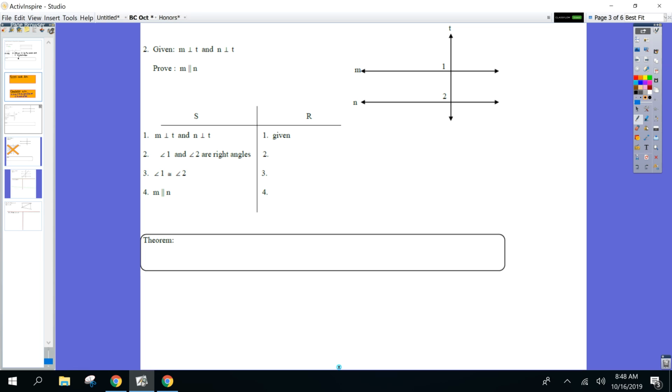Anybody got a good reason why 1 and 2 would be right angles then? And this goes back to last unit. Nothing new here. This is a reason we put last unit. Perpendicular lines form right angles.